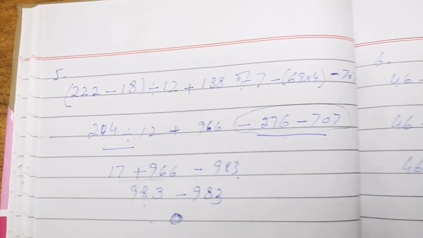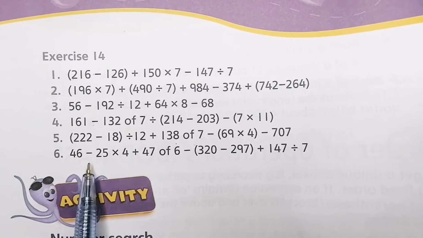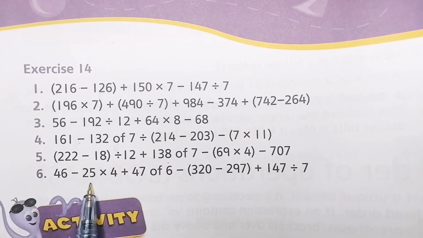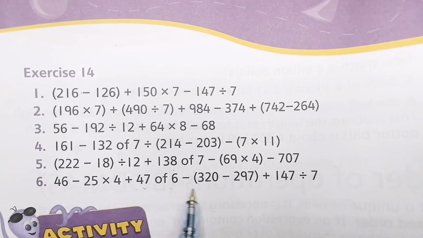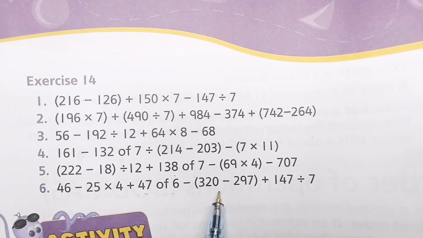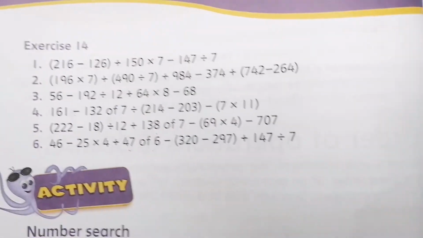Right, now the last question: 46 minus 25 multiplied by 4 plus 47 of 6, right? And then minus 320 minus 297 is given, and then division is given in that.